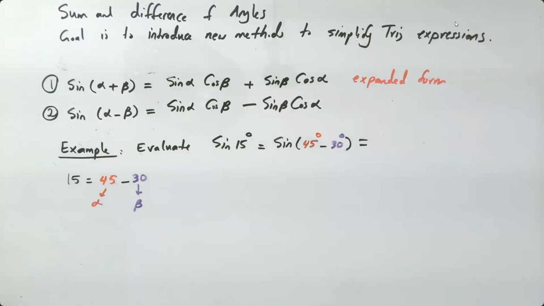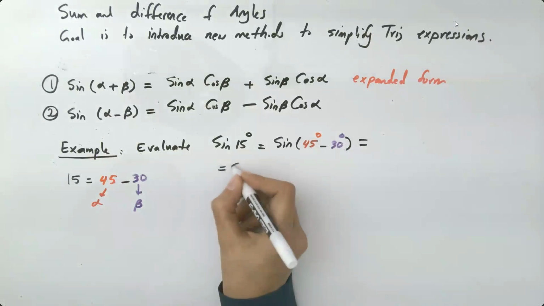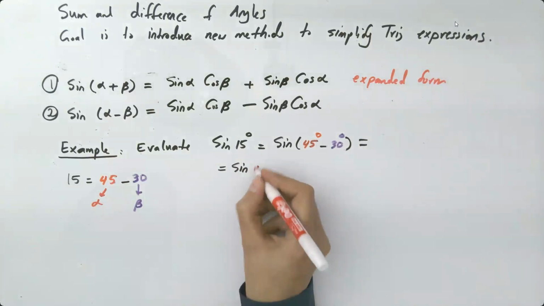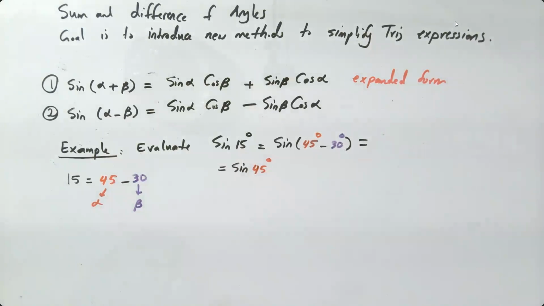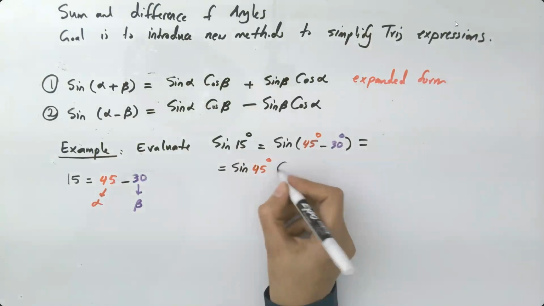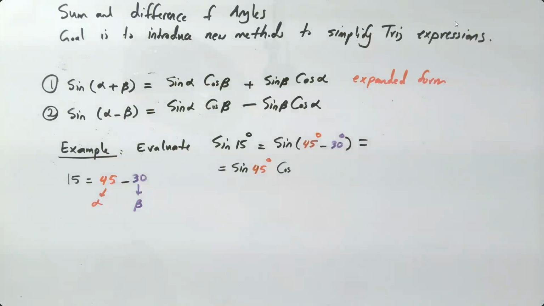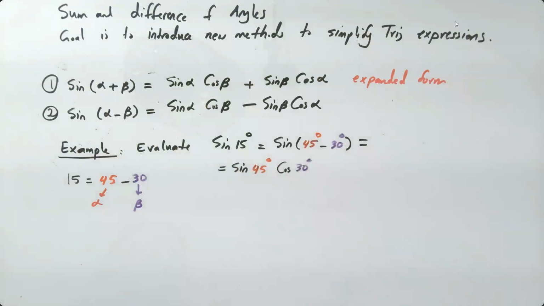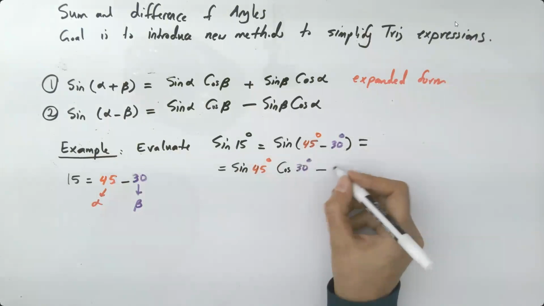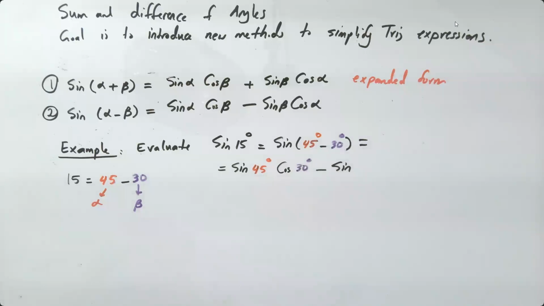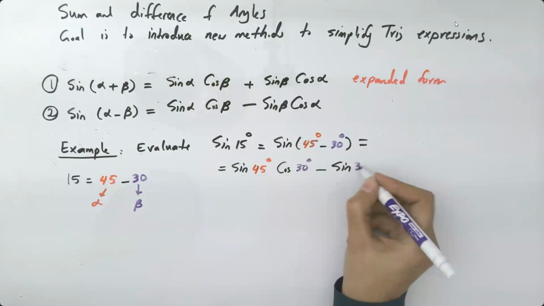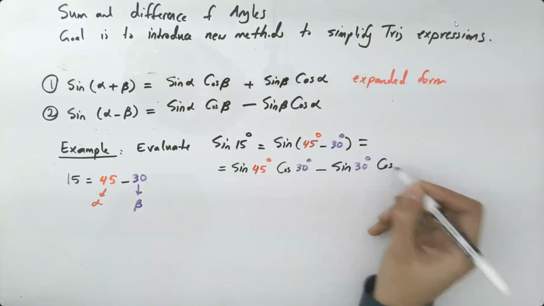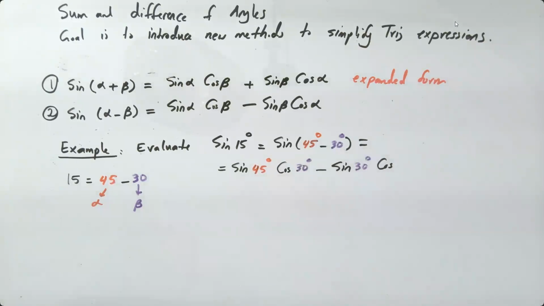So this guy is going to be sine of 45 degrees times cosine of 30 degrees minus sine of 30 degrees times cosine of 45 degrees. Ooh, that's easy.